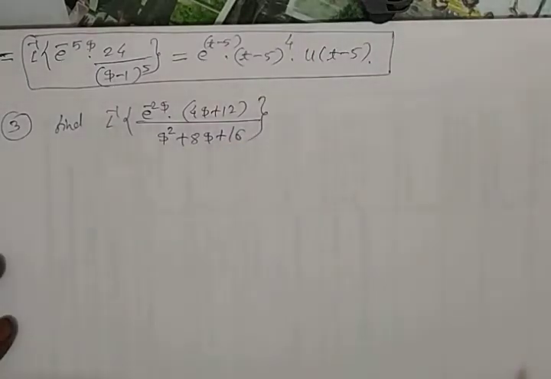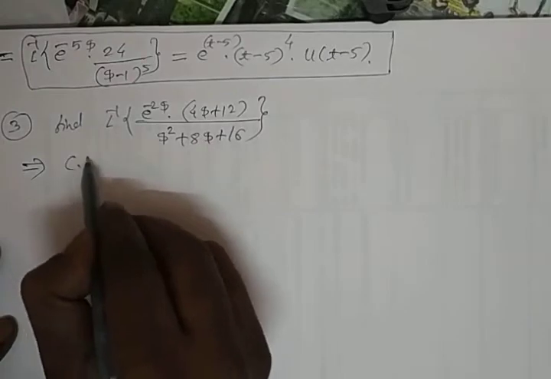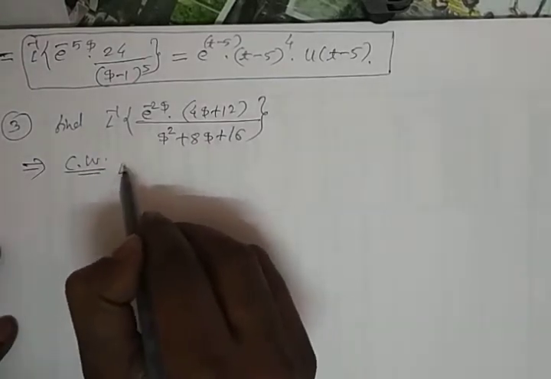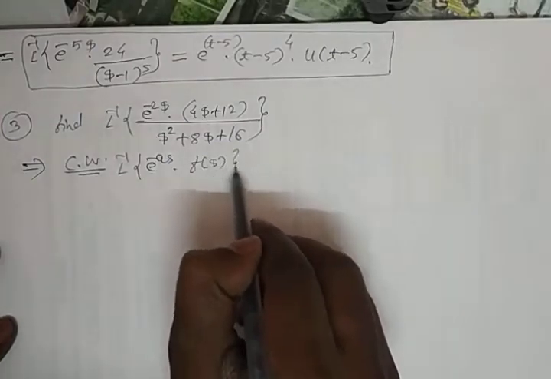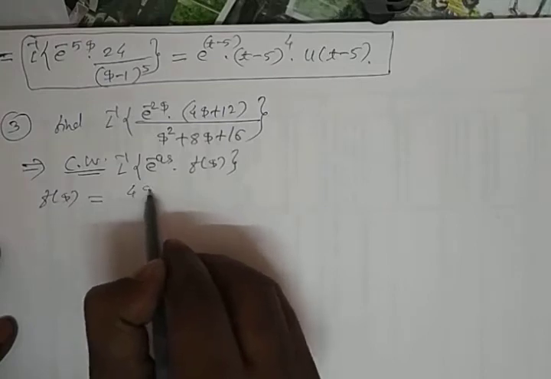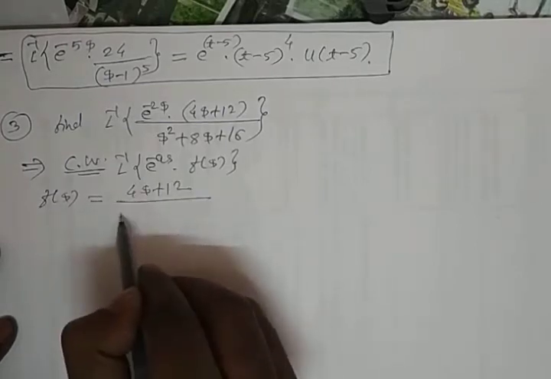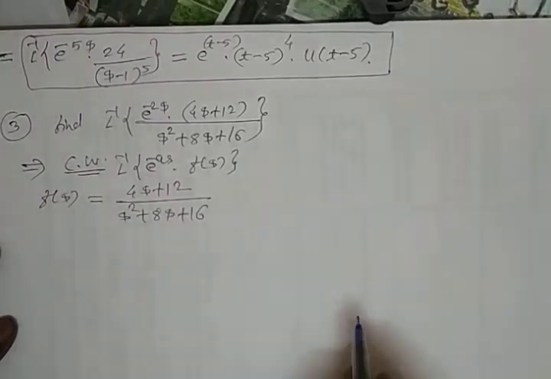Now how to simplify this? First of all, comparing with Laplace inverse of e raised to minus as into f of s, we get f of s is equal to 4s plus 12 upon s square plus 8s plus 16, right?